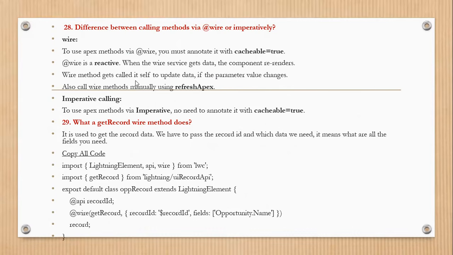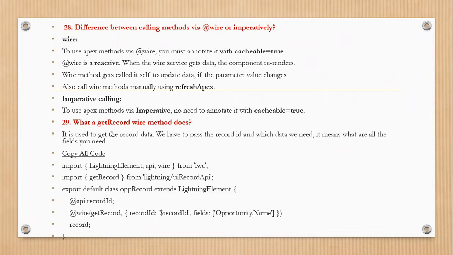Wire methods call themselves to get updated data if the parameter value changes. Also, we can call wire methods manually using refreshApex. For imperative calling of Apex methods, there is no need to annotate it with cacheable=true.